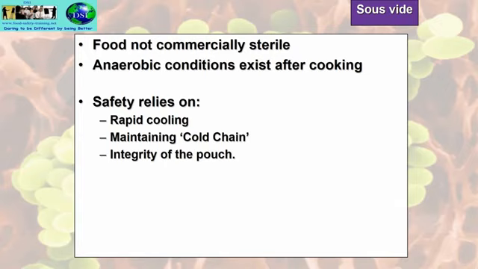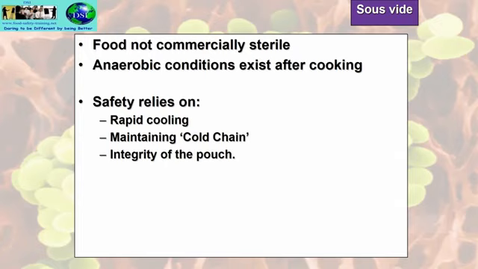That's why these pouches, if they're not used straight away, as I mentioned in a restaurant, are kept under refrigeration. They must be kept under refrigeration because if they're kept at room temperature, even with the vacuum conditions in the pack, things like Clostridia and Bacillus, especially Clostridia, will multiply in those conditions, and that can cause problems.